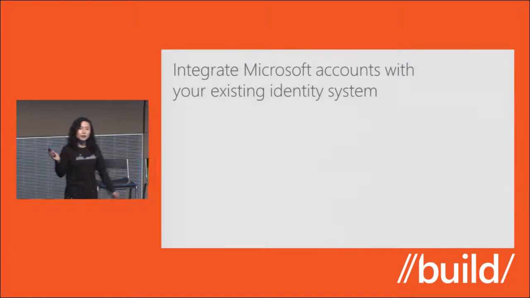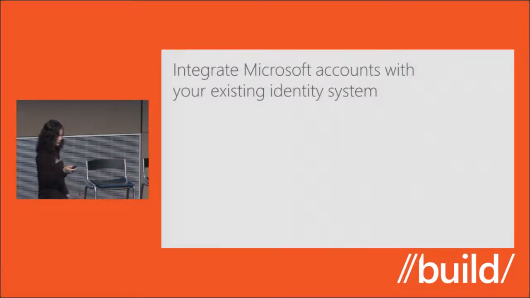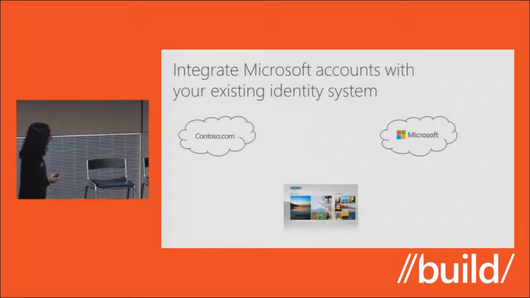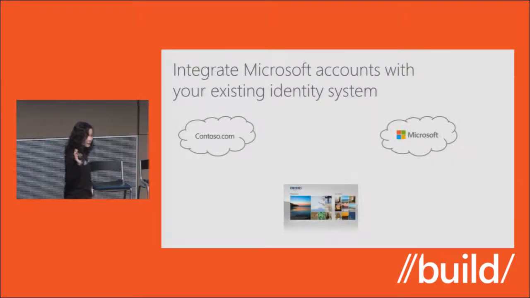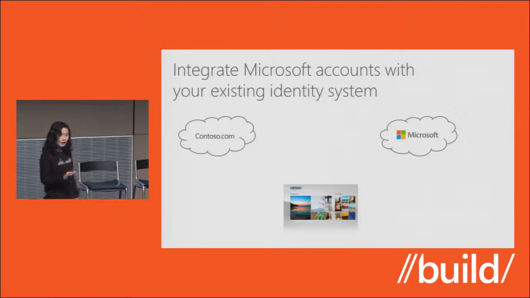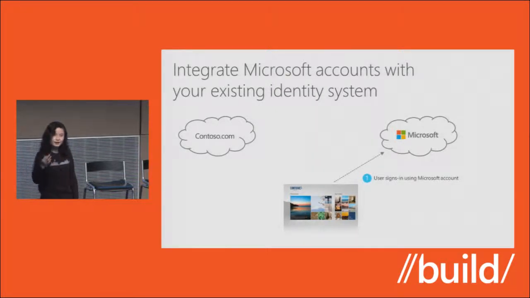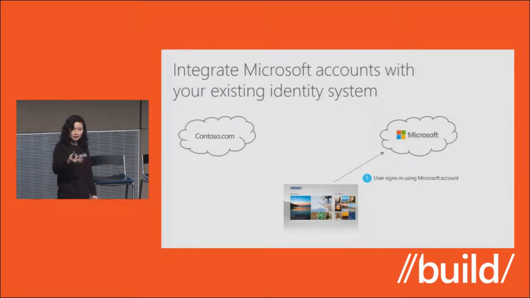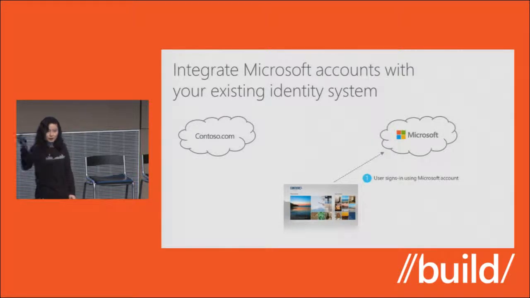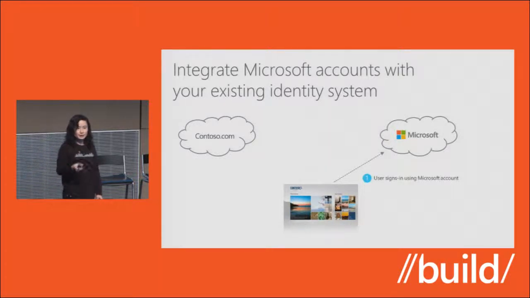So how do you integrate Microsoft accounts with your existing identity system? You have three components here: an app, your website, and Microsoft services. The user signs into your app using his Microsoft account. There's interaction between the app and the OS with Microsoft services to retrieve the user credential and sign the user in.